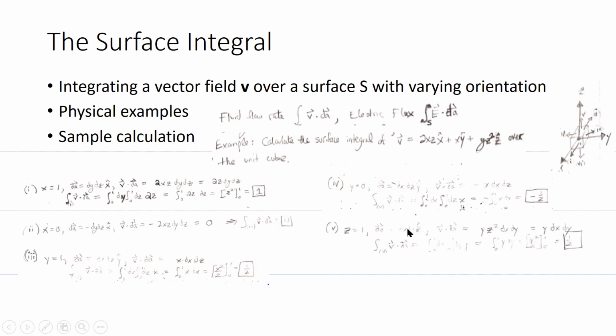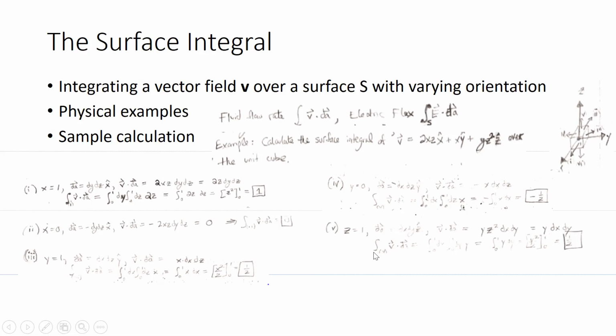Okay, because we have the dx dy from here, and if we look at the z component of v, we have yz squared. Since z is equal to 1, this z squared becomes 1. We have y dx dy.